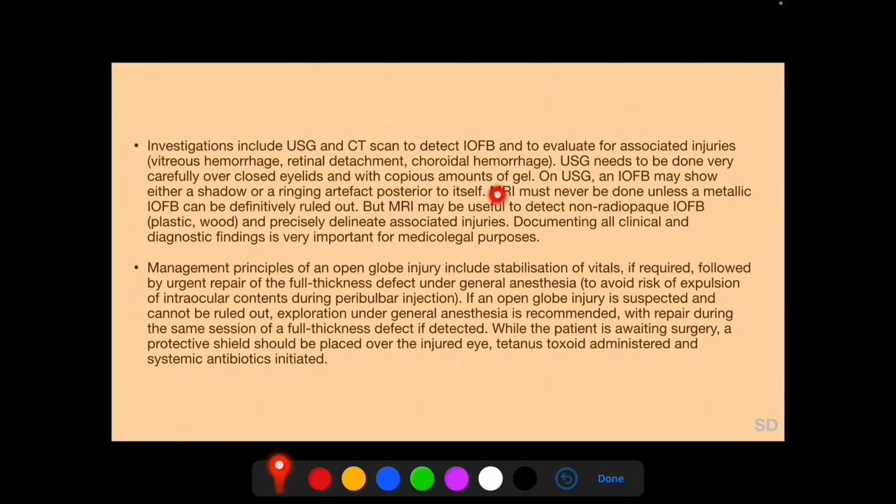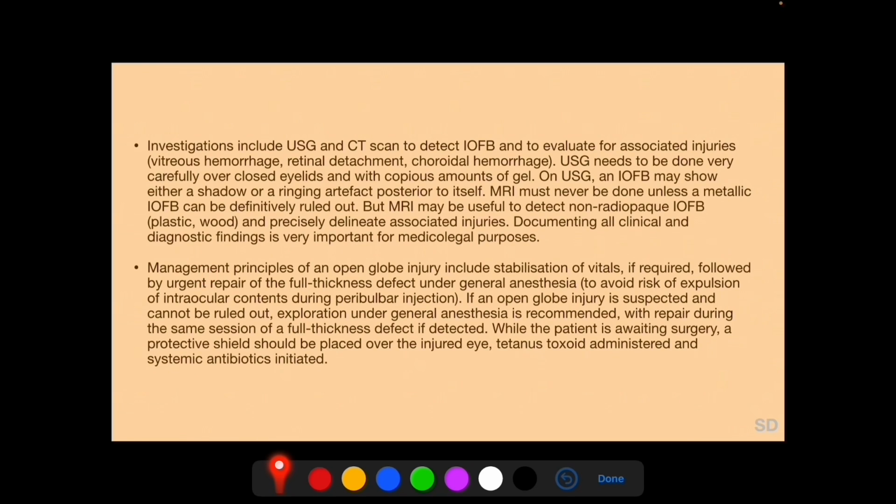Magnetic resonance imaging must never be done unless a metallic intraocular foreign body can be definitively ruled out. But magnetic resonance imaging may be useful to detect non-radiopaque intraocular foreign body and to precisely delineate associated injuries. Documenting all clinical and diagnostic findings is very important for medico-legal purposes.